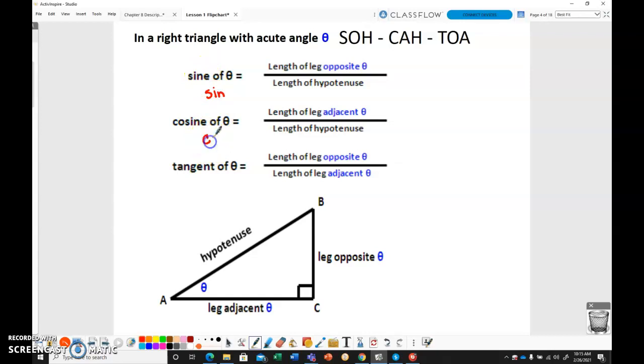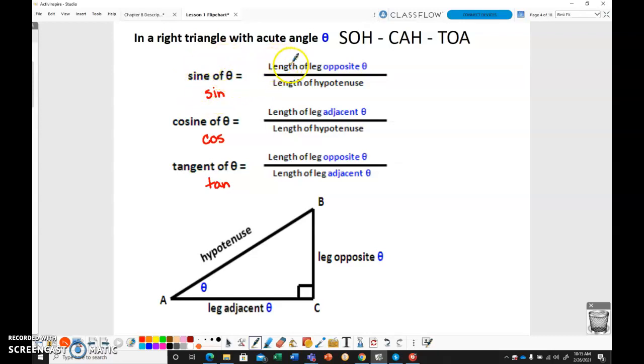We usually write this one as COS, and we say cosine, not cos. We say cosine. And the last one we abbreviate with TAN, but we still say tangent. Although we write the shortened form of it because that's how it shows up on our calculator keypad, we should say the entire thing.